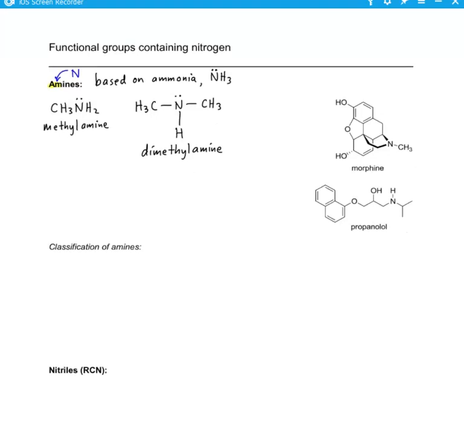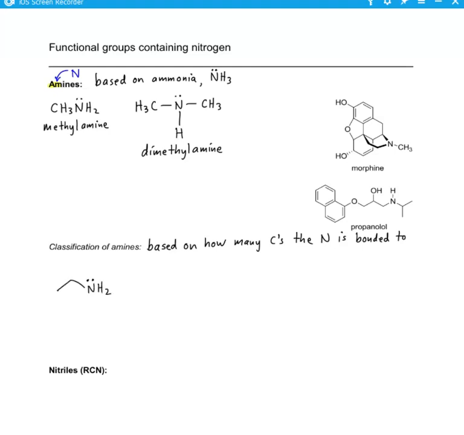We can classify amines based on how many carbons the nitrogen is directly bonded to. So it's slightly different than the way we classified sp3 carbons, alkyl halides, and alcohols. So let's look at examples.